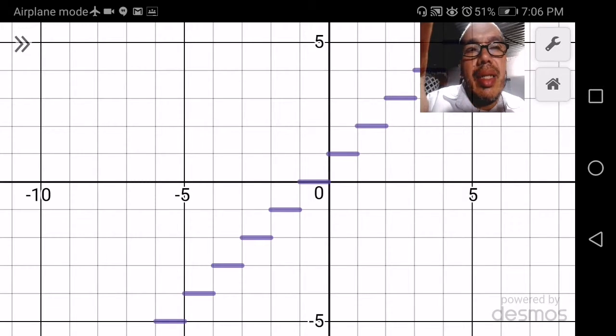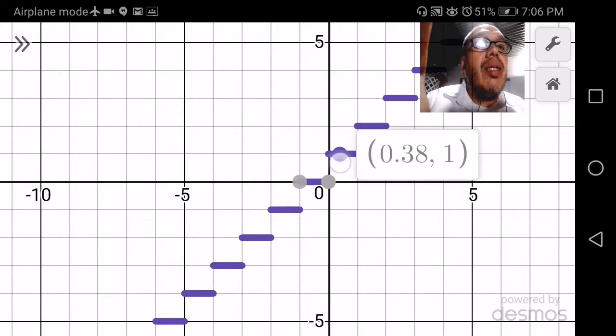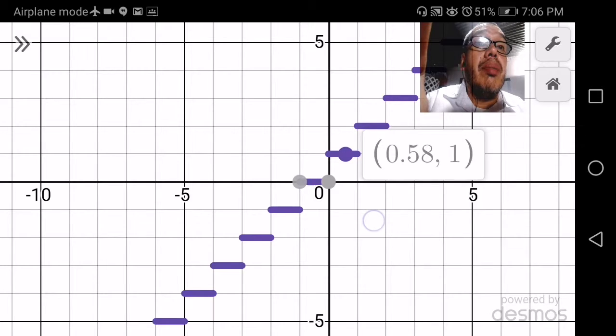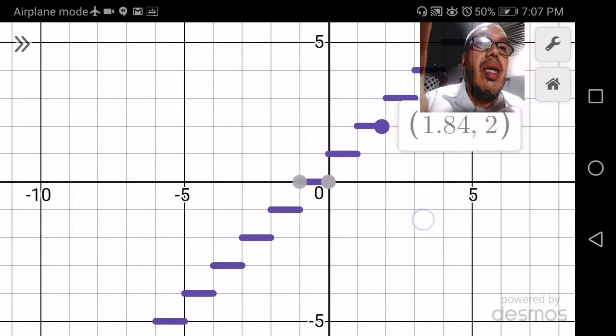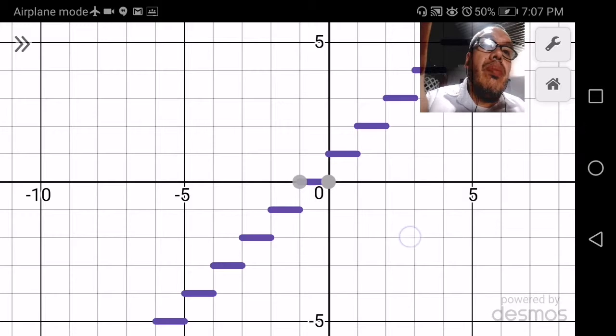But it's not exactly the same. You see, the ceiling function gives you the value that is exactly above. So for example, the ceiling function of 0.6 is 1 because that's the integer that is directly above 0.6. The ceiling function of 1.4 is 2.